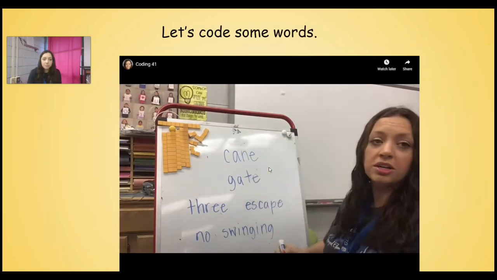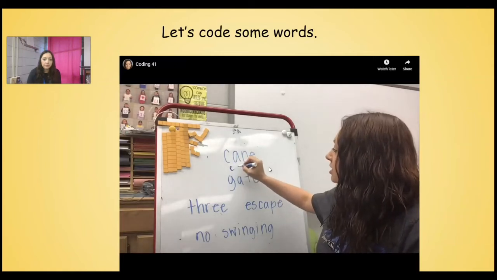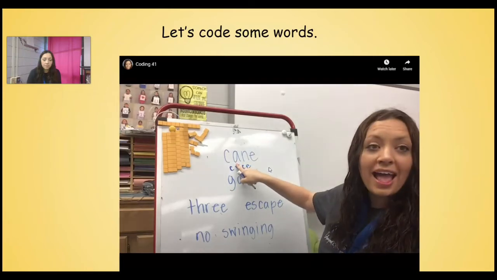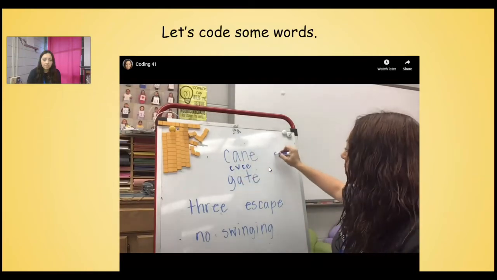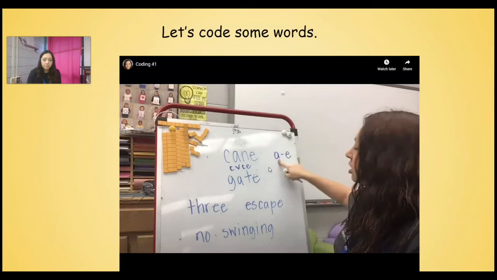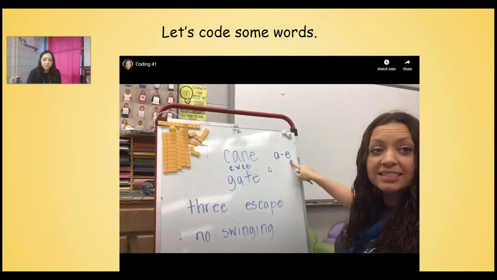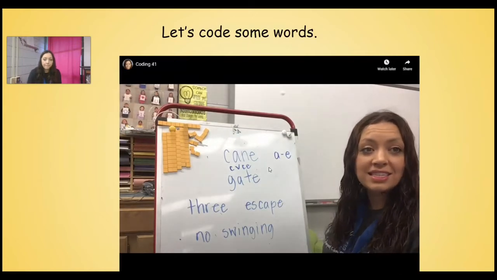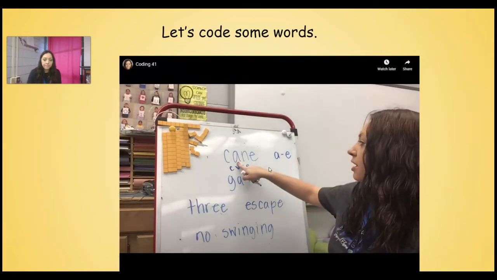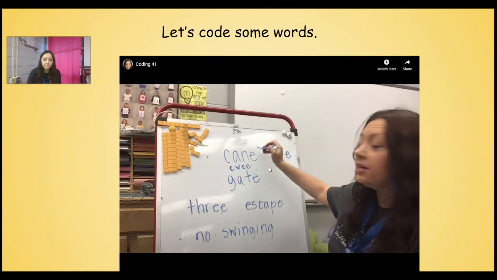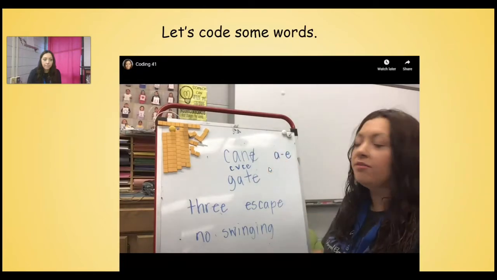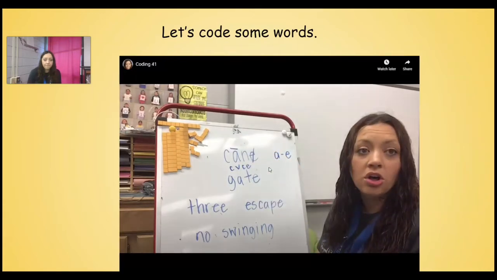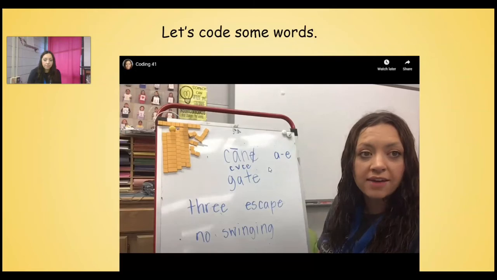So our first word, let's see, is that consonant vowel consonant E. Okay, so we have A consonant E. So when we write that, sometimes we write it like this so that we can show A, then that space stands for the consonant, and then E at the end. And when we have that CVCE pattern, we know that this E is going to be silent. So I'm going to cross it off. And that E being silent is going to make our A long. So that's how we're going to code words that have that pattern.